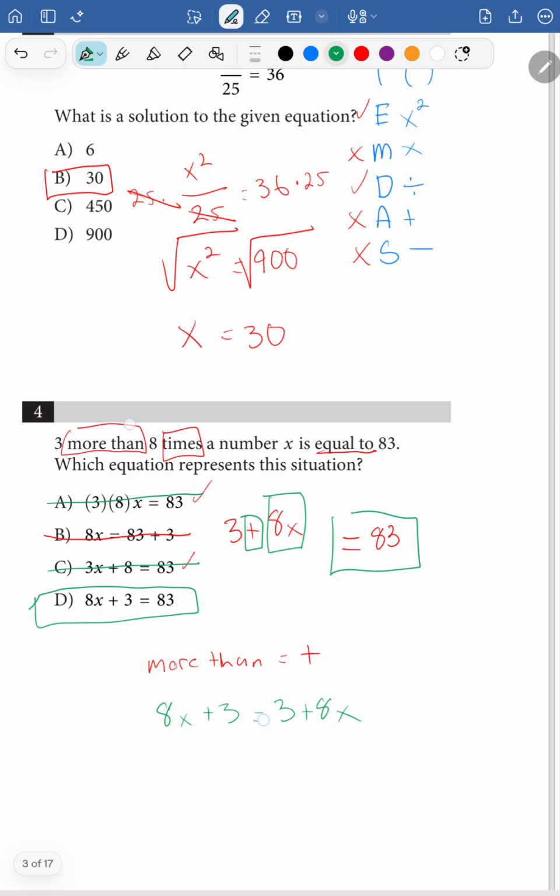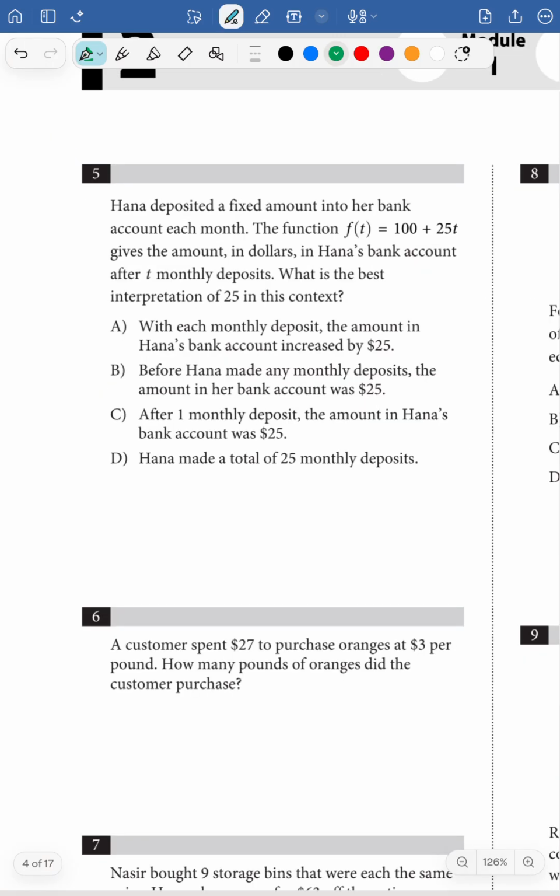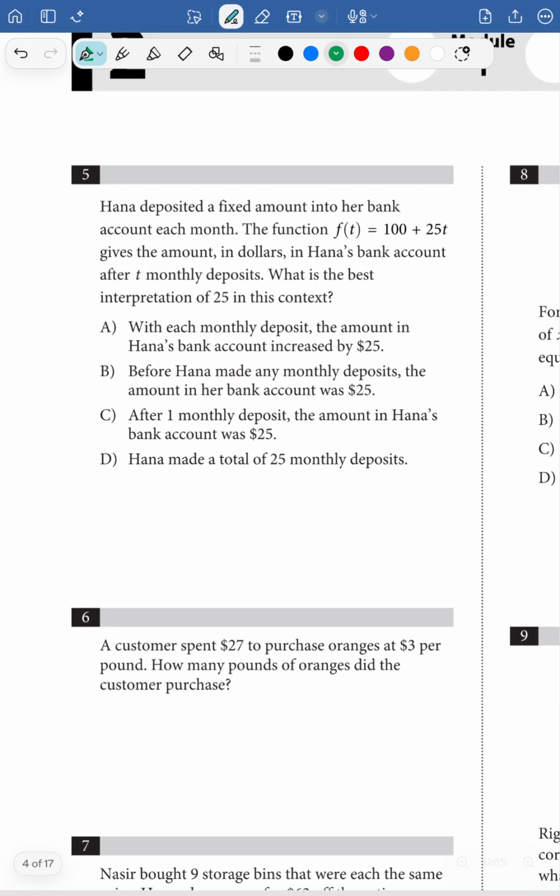Alright. Question 5. Hannah deposited a fixed amount into her bank account each month. The function f of t equals 100 plus 25t gives the amount in dollars in Hannah's bank account after t monthly deposits. What is the best interpretation of 25 in this context?